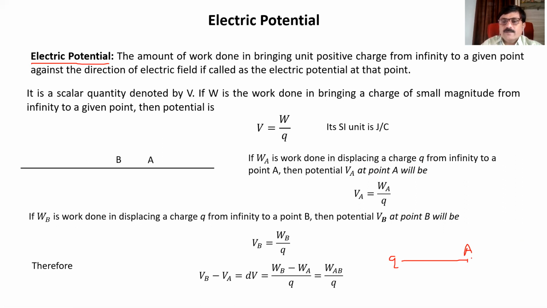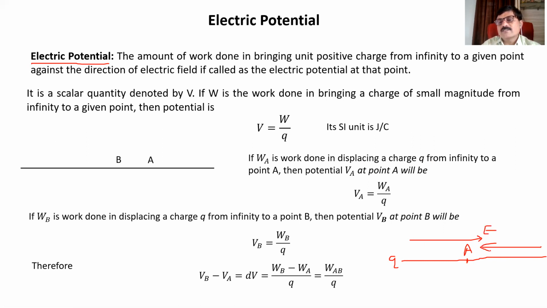Now, the electric potential at this point is defined as the amount of work done to take the unit positive charge from infinity to this point, against the direction of the electric field, because the electric field will be directed in this direction and we are taking the unit positive charge in this direction.